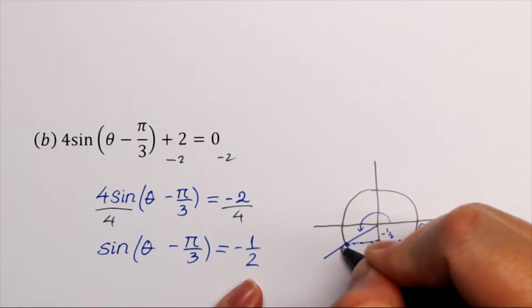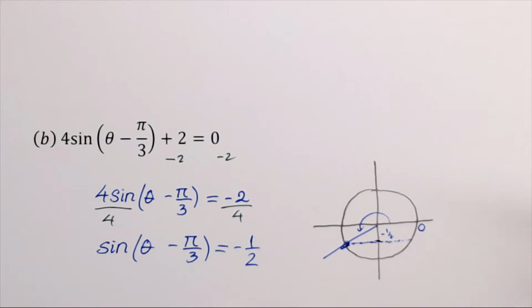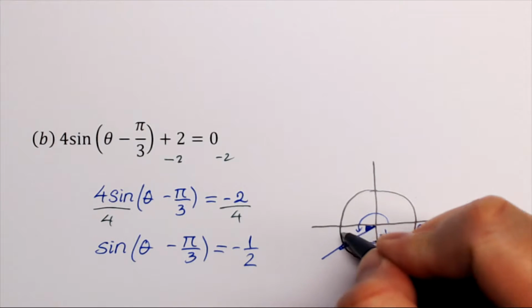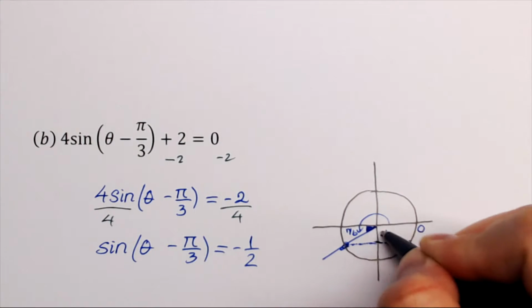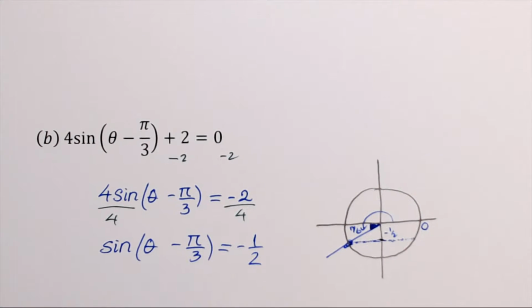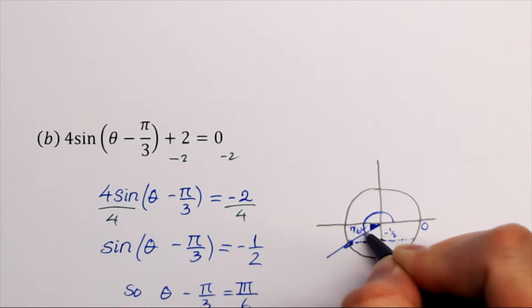That's the first value, and the second value is in this direction. Now, if this is 1/2, then this is going to be pi over 6. Pi over 6 is this angle here, plus a pi, we have 7 pi over 6.